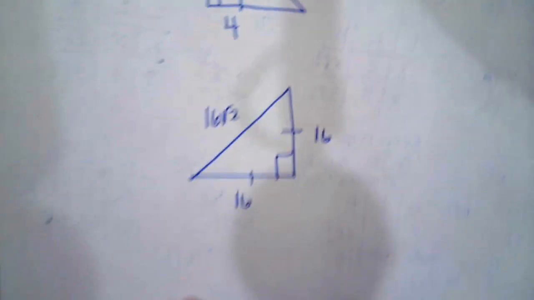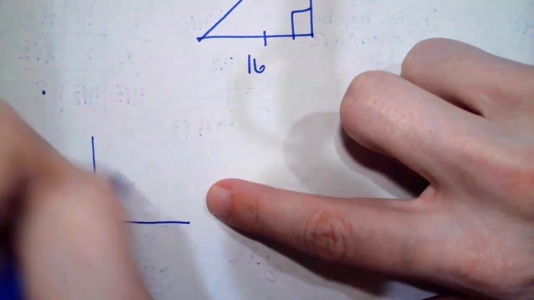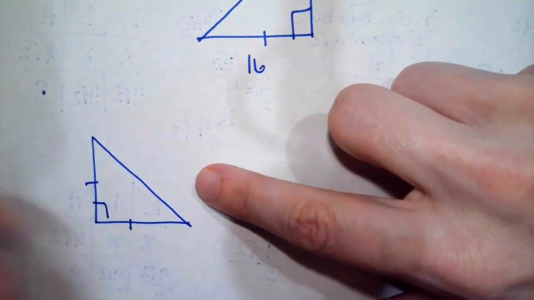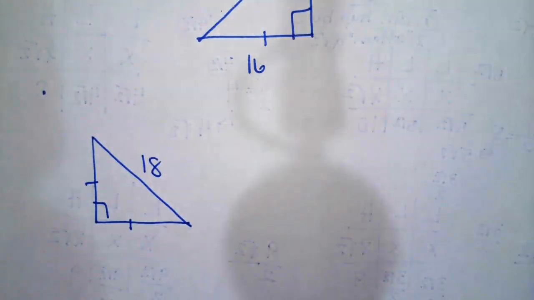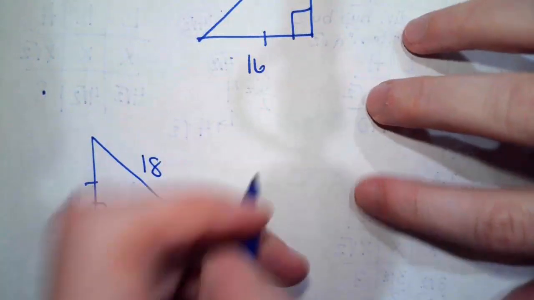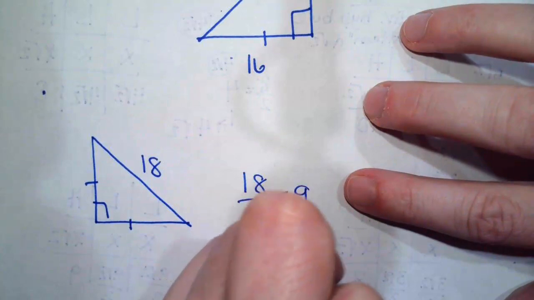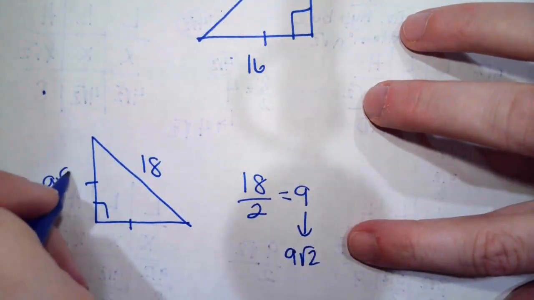The only time you're going to have to deal with a real tough one is if your hypotenuse is even. So for example, 18, right? There's no radical 2 at the end. So you just divide that number by 2. 18 over 2 is 9, and then you attach a radical 2 at the end.